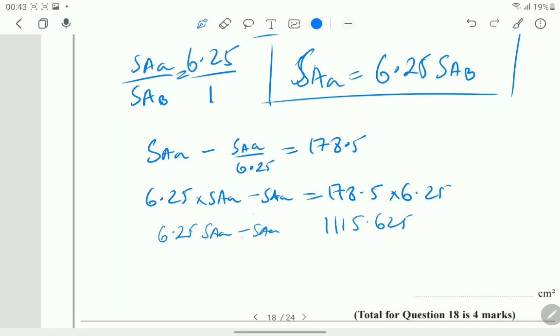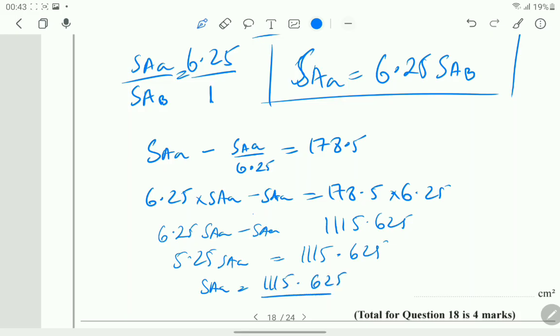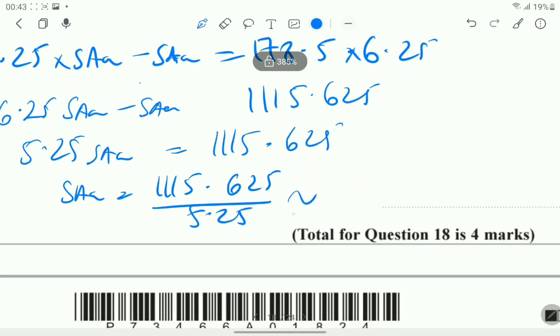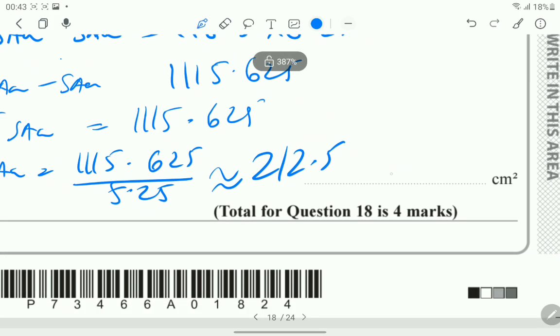So this is actually 1, so it would be 5.25 SAA equals to 1115.625, and SAA is 1115.625 divided by 5.25, which would give us 212.5. This is your final answer.